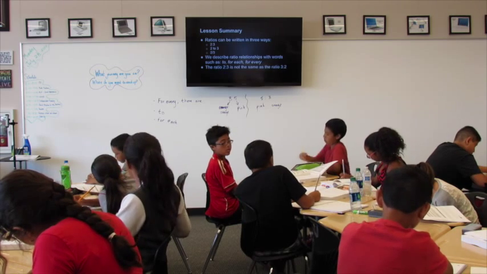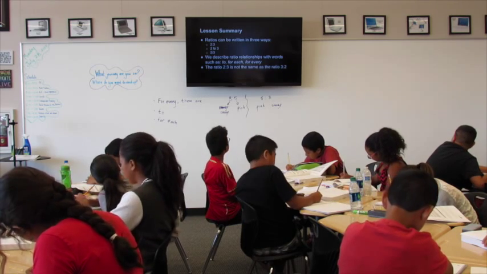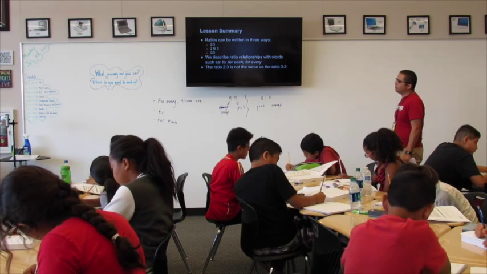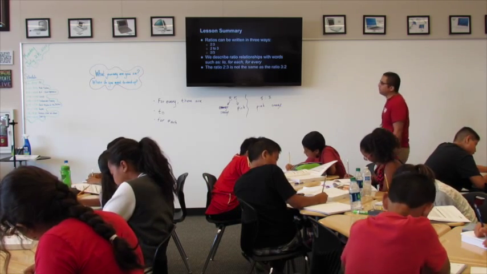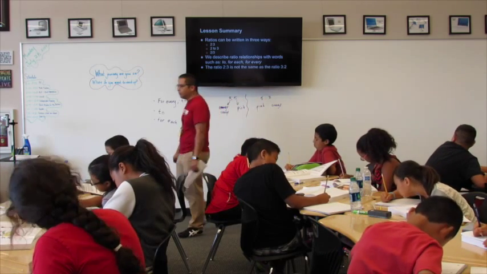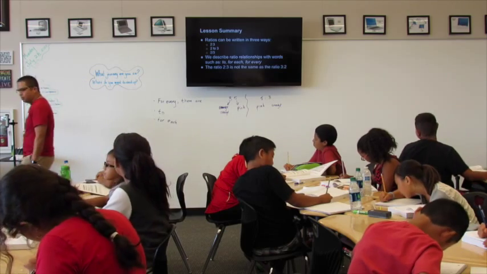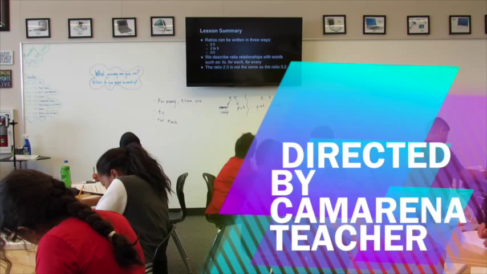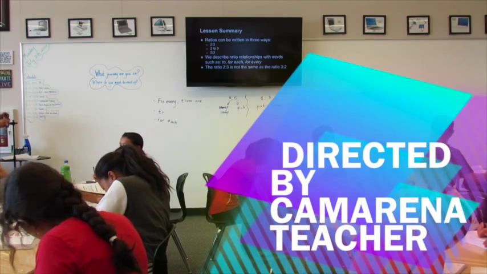We describe ratio relationships with words such as 2 for each or for every. And lastly, Michael, go ahead and read the last point. The ratio of 2 to 3 is not the same as the ratio of 3 to 2. All right, thank you.